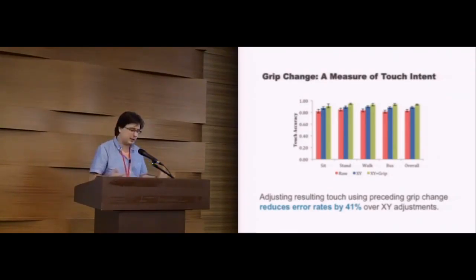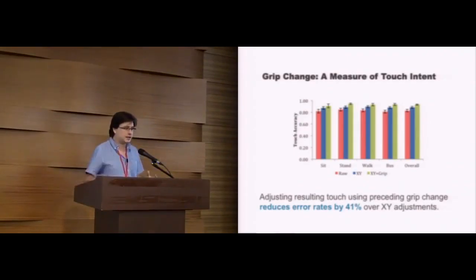It goes from something like 80% to over 90%. And in fact, this is an improvement even over more traditional systematic regression models, the XY model. It might not seem like a lot, but that's actually an improvement of 41% in terms of error rate. And so this is a small but consistent improvement across all the different conditions.